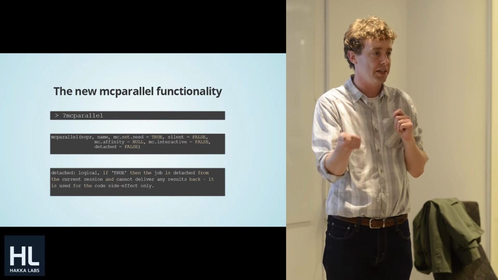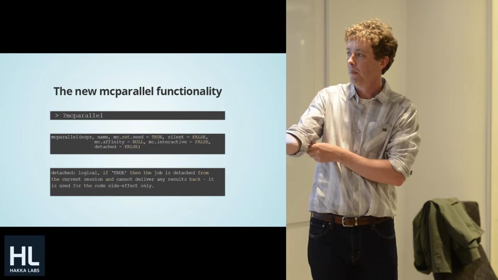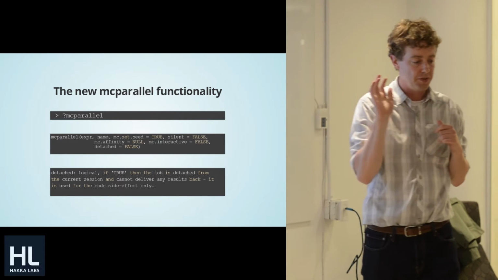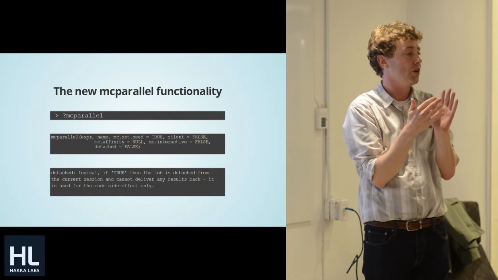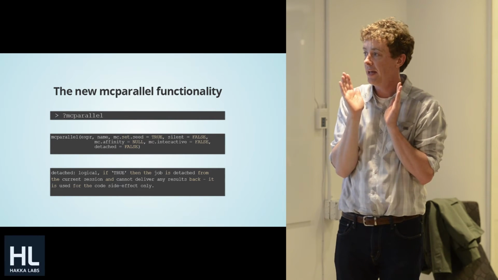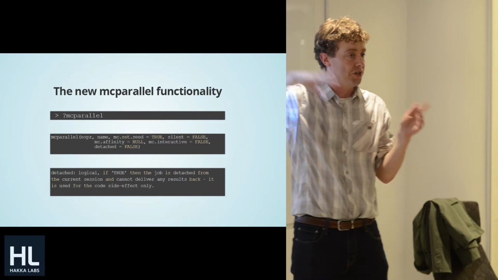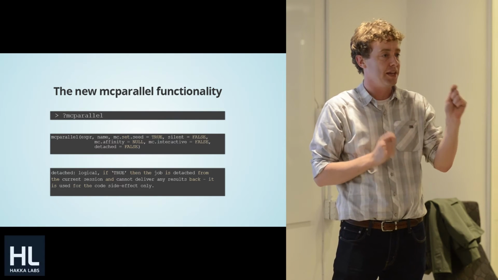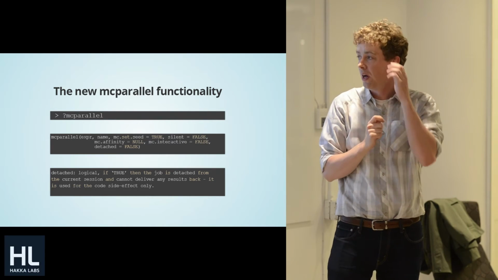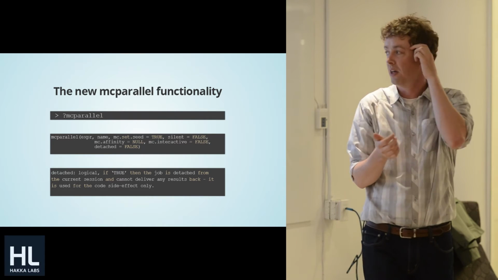You can pull it. You can ask if it's ready. The problem with this is for a pull on a worker, I didn't want to return anything. And if I didn't return anything in the old version of mcparallel, then I'd have pipes that were not being cleaned up. So you get kind of a resource leak.